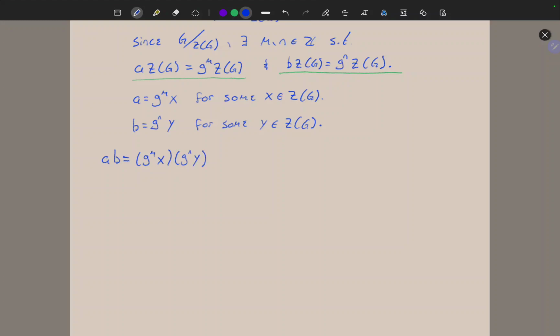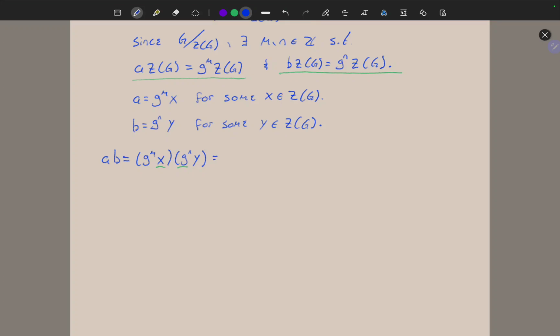It's important to note that all of the integral powers of g, and x and y, are elements in G, and G is a group. So we're going to take advantage of associativity. X lives in the center of G, so that means that x commutes with every element in G.